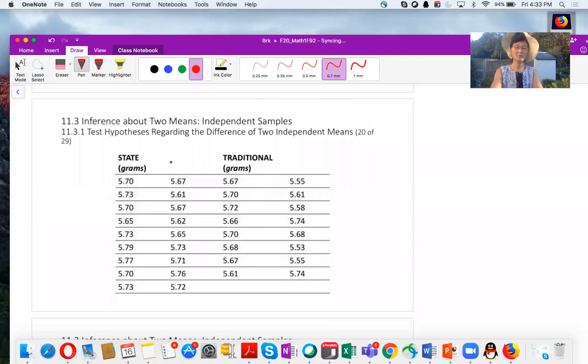Obviously, these two samples are independent samples because randomly selecting from one sample does not affect your selection from another sample. They are two independent samples.